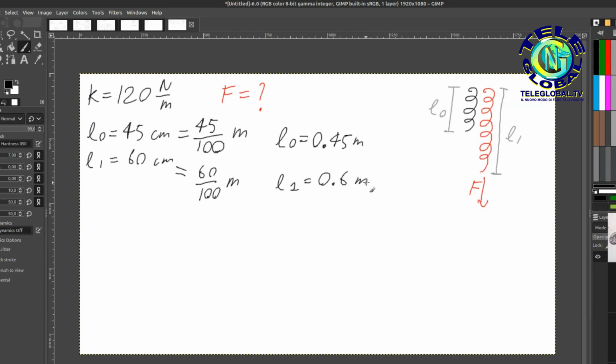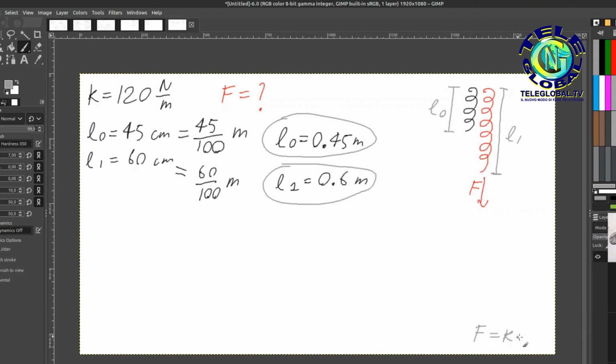That said, since this is our first serious exercise, I would go over it now. Okay. So, as a first thing, we note that here we are given full length, but you have to remember that Hooke's law works over stretching.